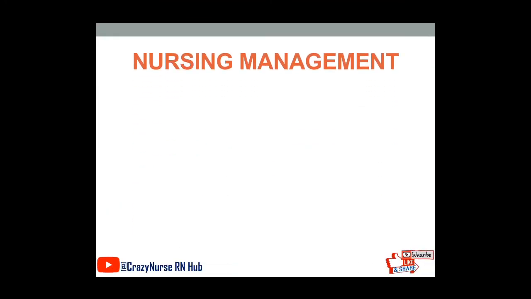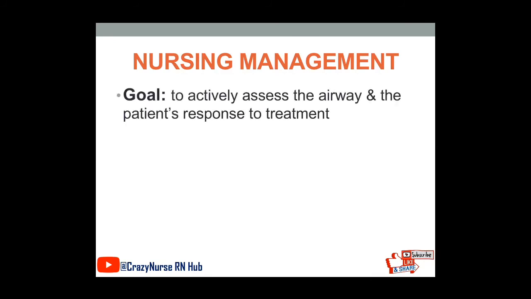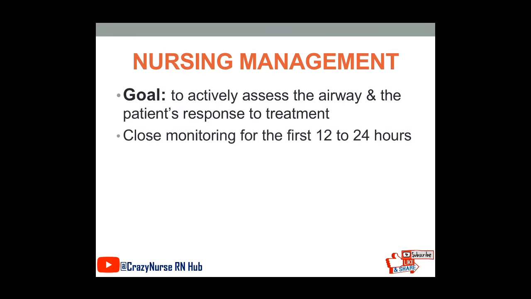Now let's have the nursing management for status asthmaticus. The goal here is to actively assess the airway and the patient's response to treatment. So, we have to closely monitor the patient for the first 12 to 24 hours. Watch out for dehydration.